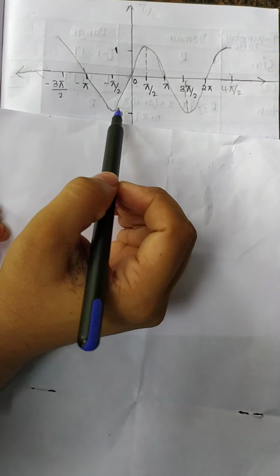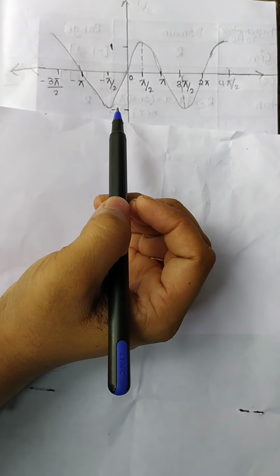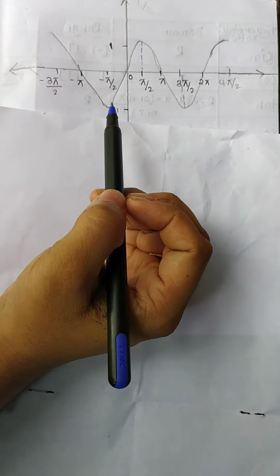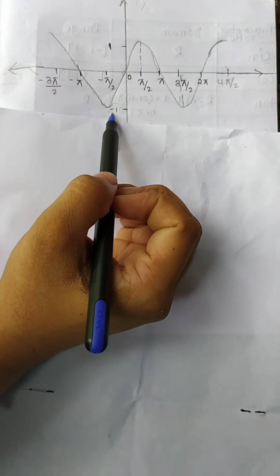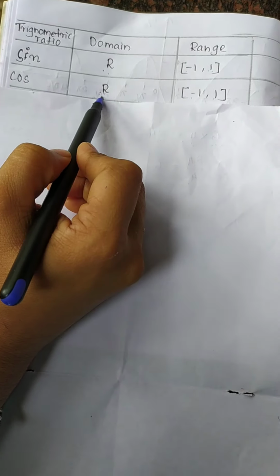That is 1 and the lowest is -1, so its range is -1 to 1. Again, in the case of cos, its highest value is 1 and its lowest is -1. The domain of cos is real numbers and the range is -1 to 1.